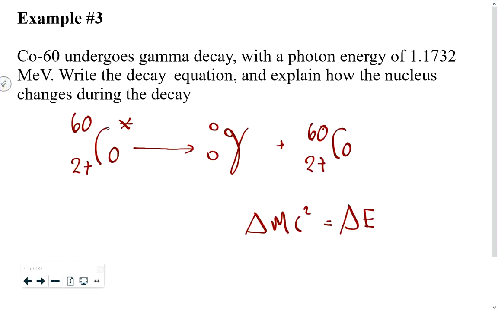We know the energy released because you're given the energy of the photon. Your only task, if you were to find the mass lost, would be to take that energy, which is in millions of electron volts, convert it to joules, then run it through E equals mc squared, and what comes out is your answer. And that's what I'm going to do on the calculator, but I'm not going to write these numbers down.